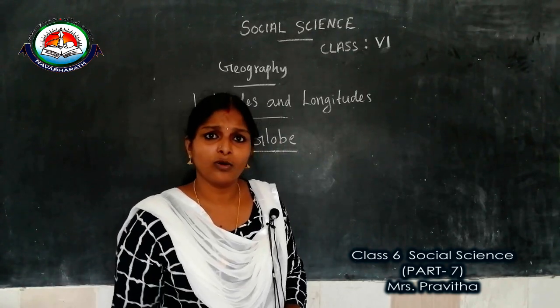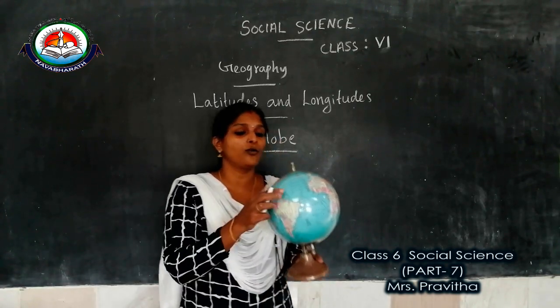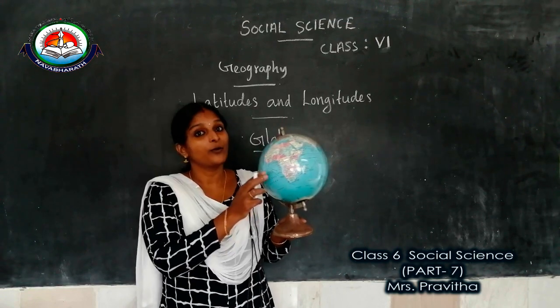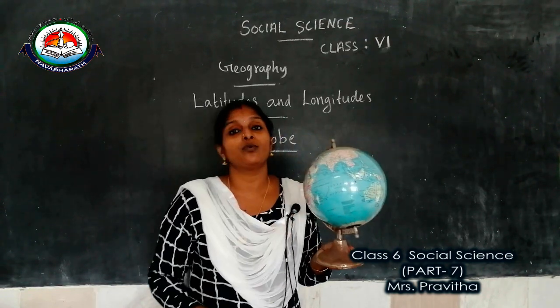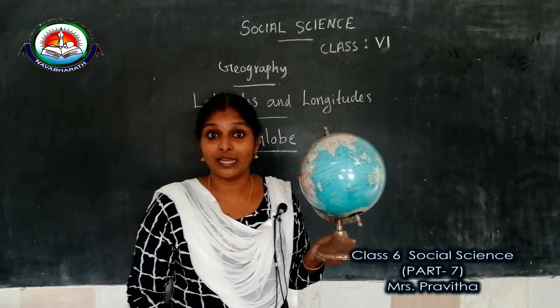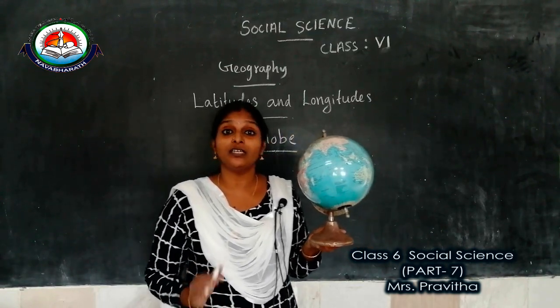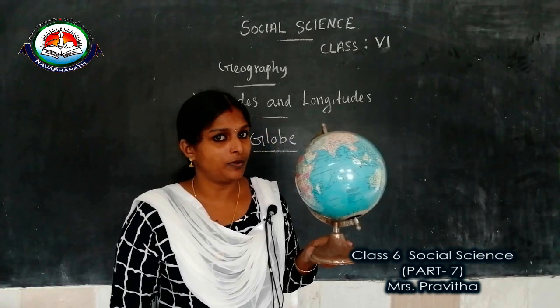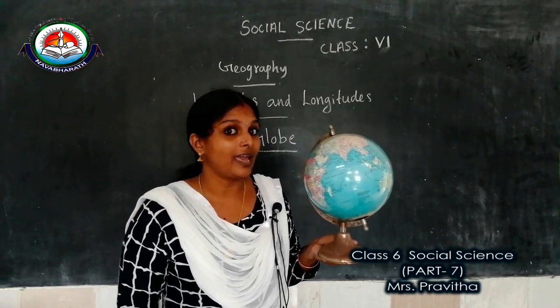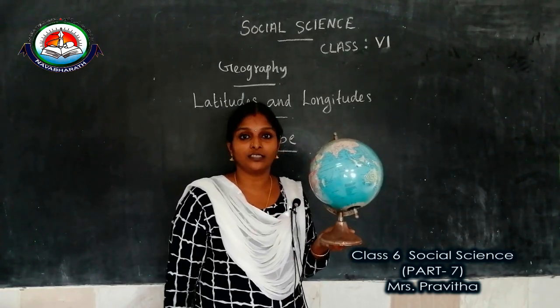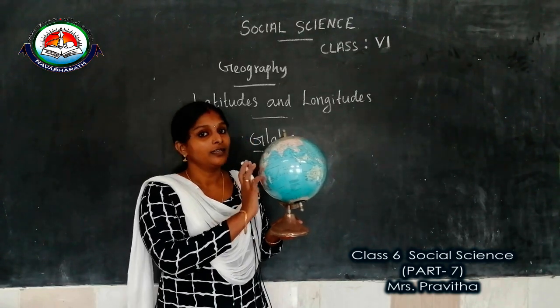Did you see a globe? A globe is a miniature model of the earth. The three-dimensional model of the earth is known as a globe. Any doubt?